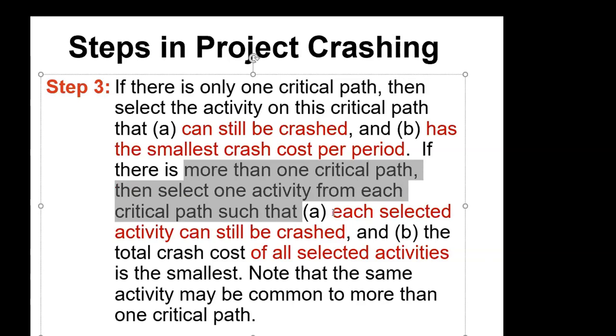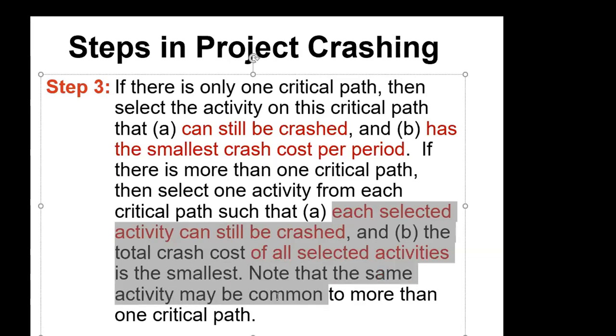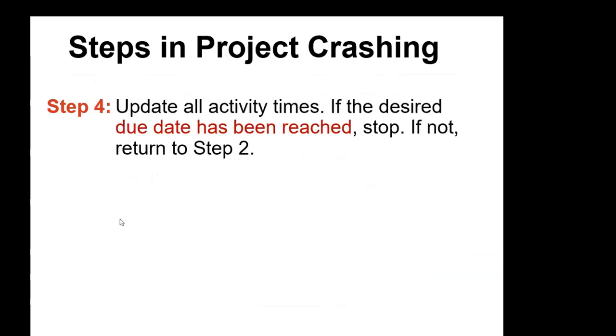And of course, on each critical path, you select the lowest cost. Each selected activity can still be crashed, and the total crash cost of all selected activities is the smallest. Note that the same activity may be common to more than 1 critical path.